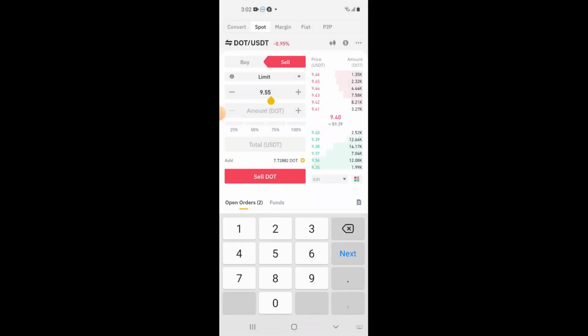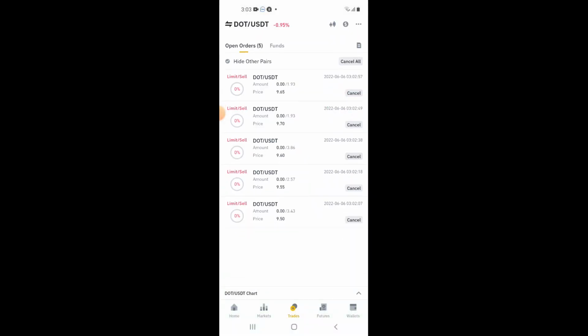As I said, we're gonna sell in parts so we get more profit. 9.60, sold out, success, and then 9.70. When the market goes up to these prices, the orders will automatically be filled one after another and we get more profit.